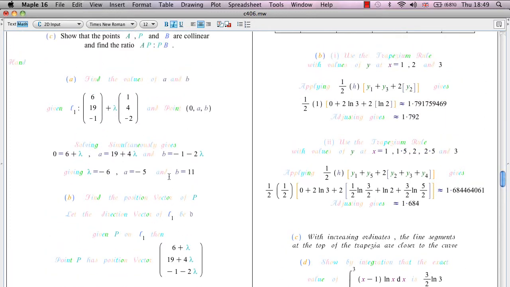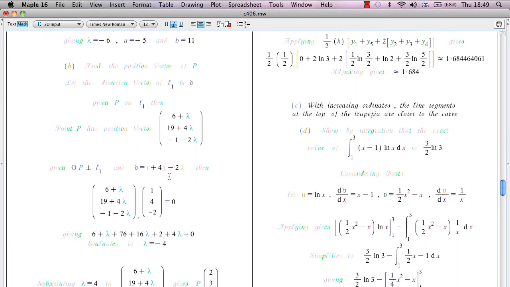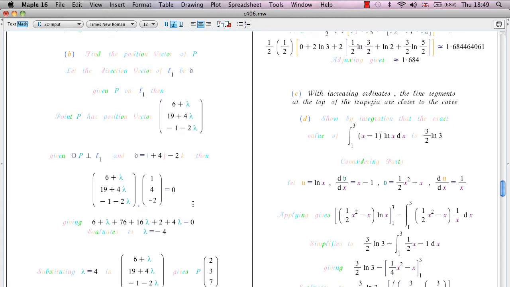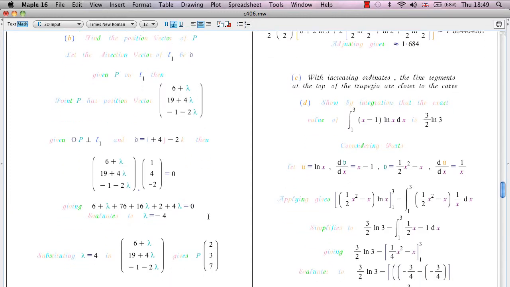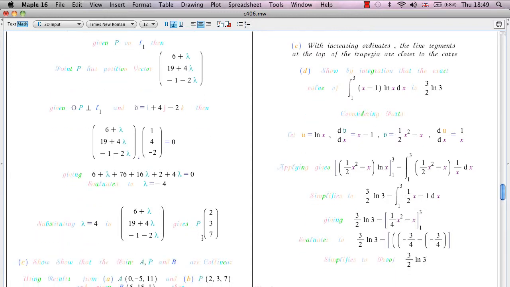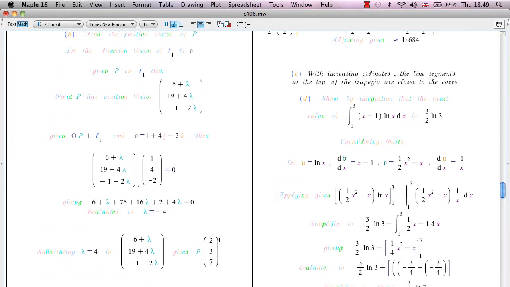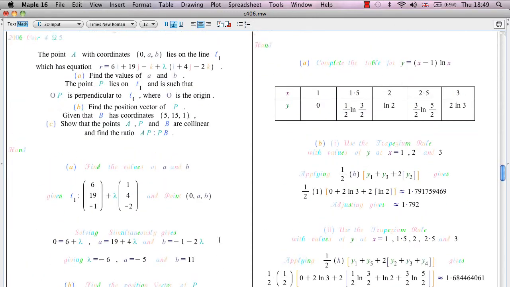So using the normal from our line 1, 4, minus 2, the dot product should be 0. Evaluates to lambda as minus 4. So substituting in the position vector for P gives the position vector required.